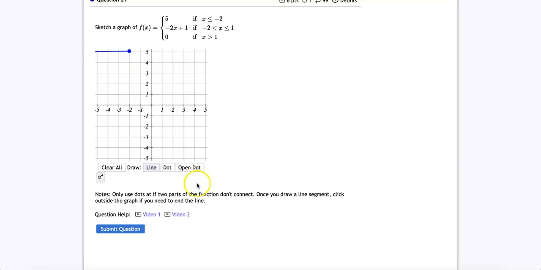That's all I need. And then the next chunk is a line that looks like -2x plus 1. I'm interested here in figuring out what would the two coordinates be here. So if I had -2 plugged in, I would have -2 times -2, which is +4 plus 1 is 5.